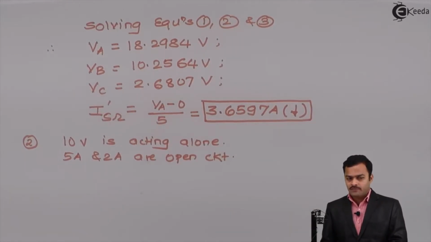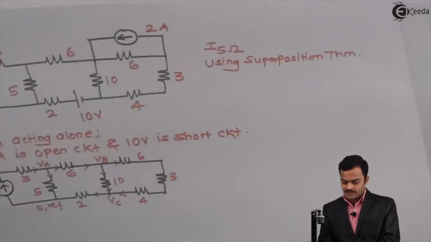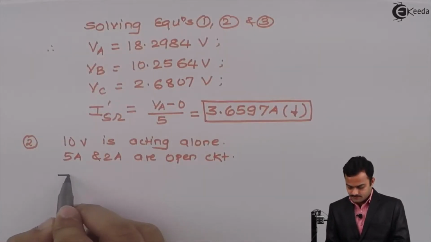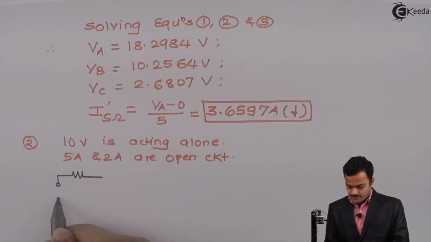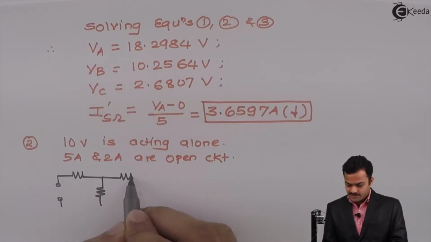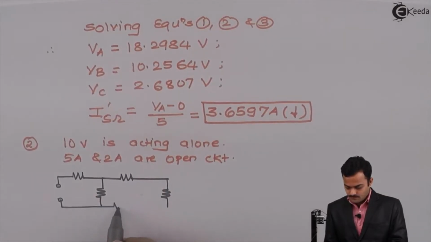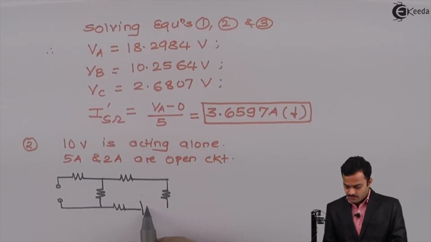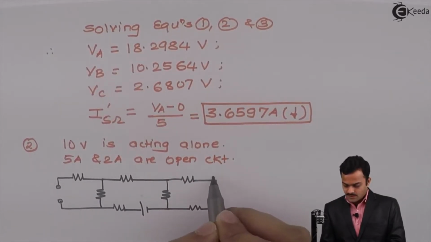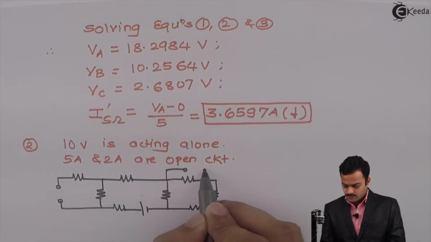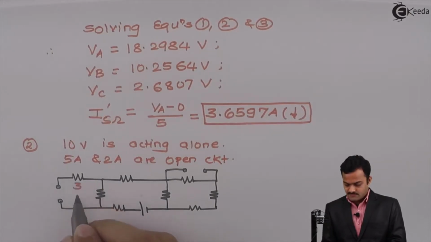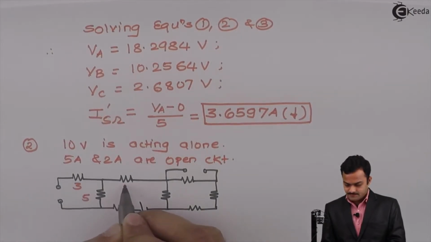Considering this modification in the original circuit, I can get a circuit. 5 ampere is open circuited, all the resistances will remain intact. I am considering 10 volt acting alone. This current source is also open circuited.